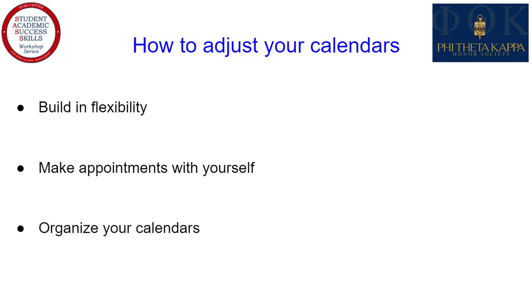Organizing your calendars. For some, simply putting all your to-do items on one calendar won't help you feel more organized. It may just make you feel more cluttered and pressed for time than ever. One thing that might help you with this is to color code your calendars.